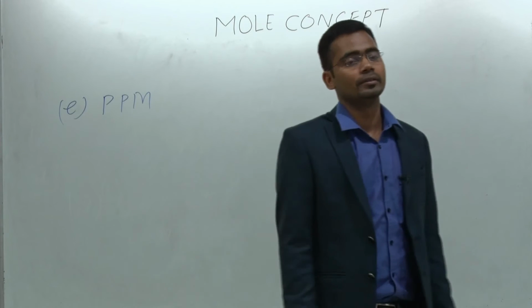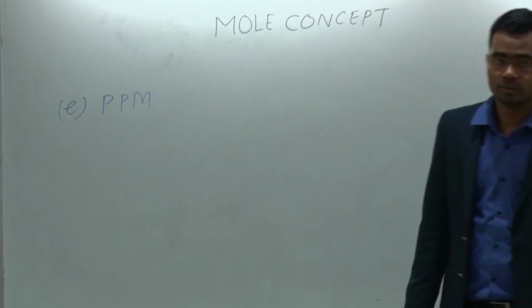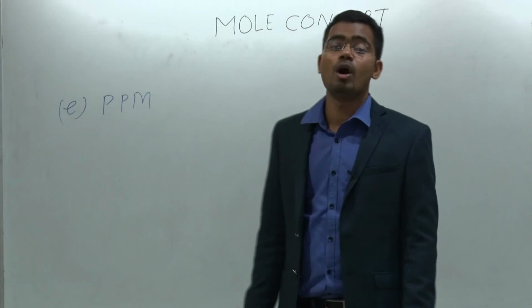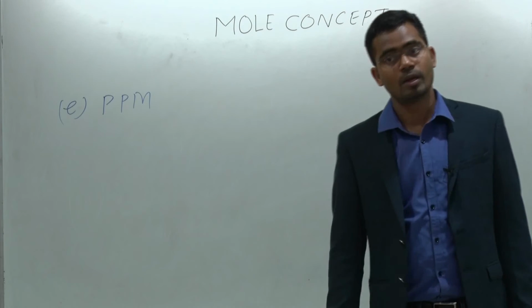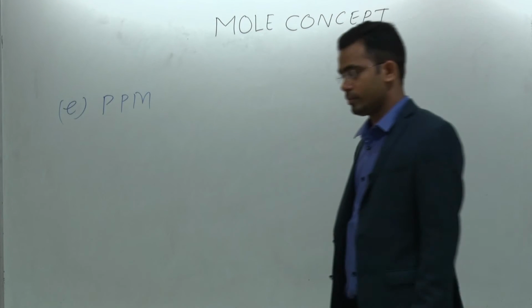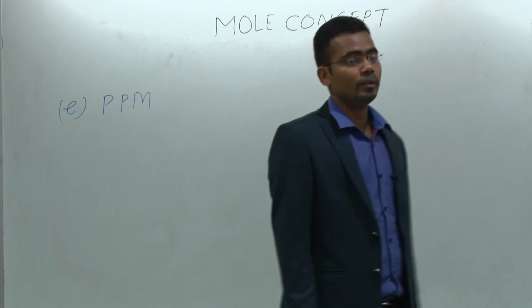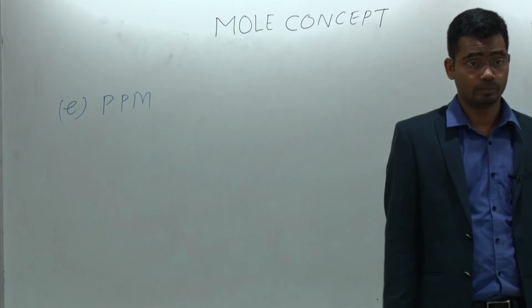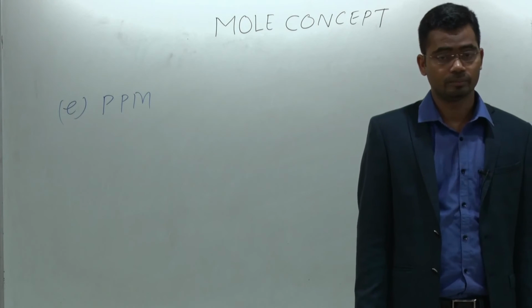Parts per million. So write down, it is the amount of solute present in 1 million of solution. Clear?